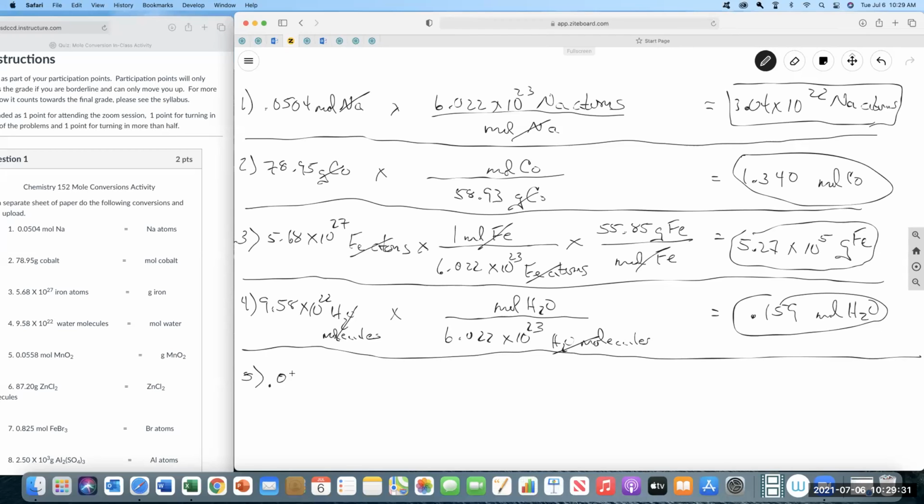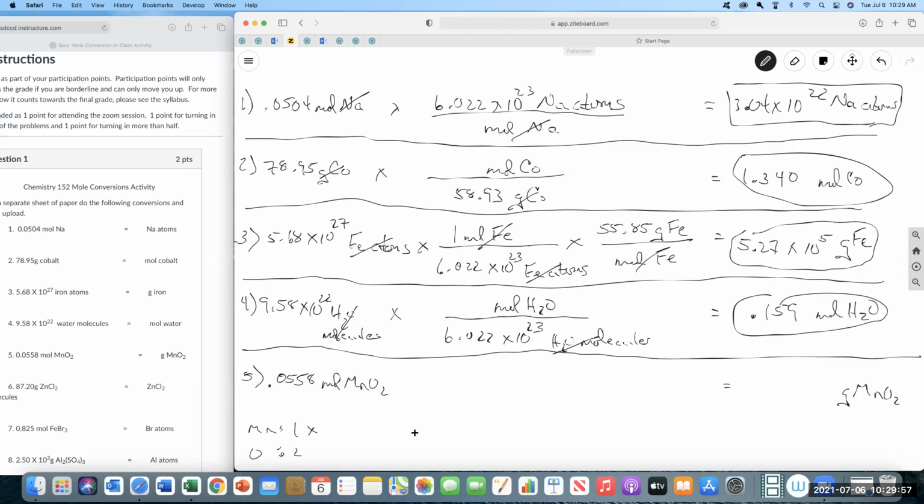Okay, so 0.0558 moles of MnO2, and we want to go to grams. Here we can't just look up the molar mass, we have to calculate it. I'll just do this one time because I did it a lot in the videos. There's 1 Mn, there's 2 oxygens. Don't confuse Mn and Mg.